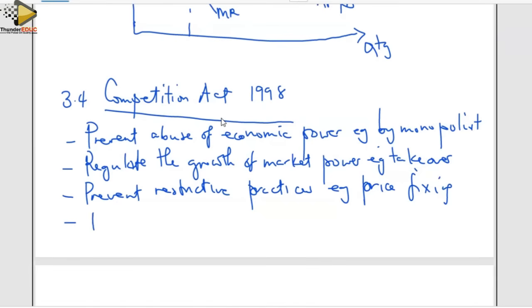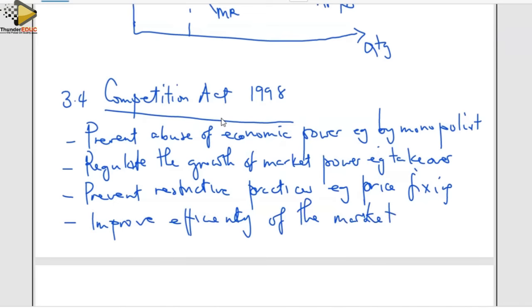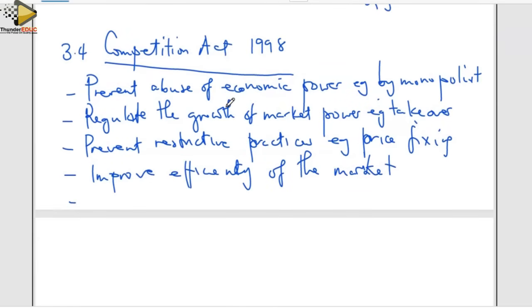And also it's there to improve efficiency of the market. It is there to make sure that the market is efficient. Perfect conditions are maintained for the sake of the efficiency of the market.